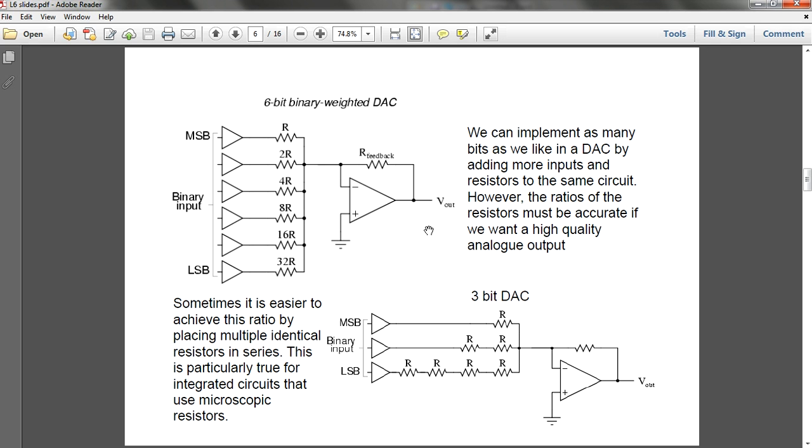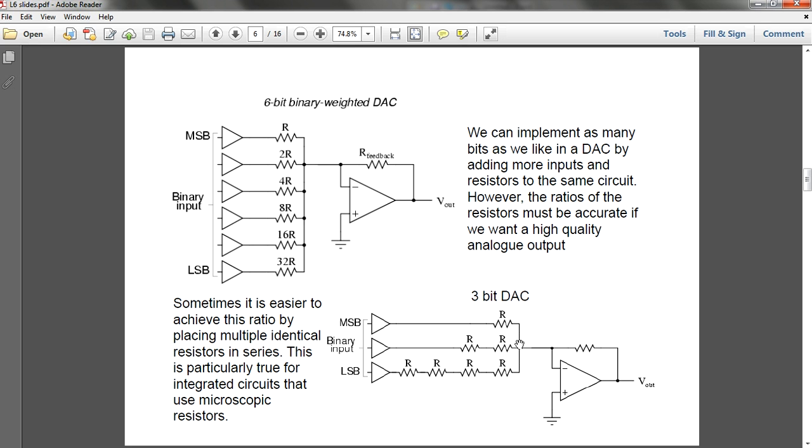Sometimes it's easier to achieve this ratio of 2, 4, 8, 16 another way: you can use the same amount of R, but connected in series. So this is 2R, 4R, and such. Nonetheless, they are all the same. There's no difference at all.